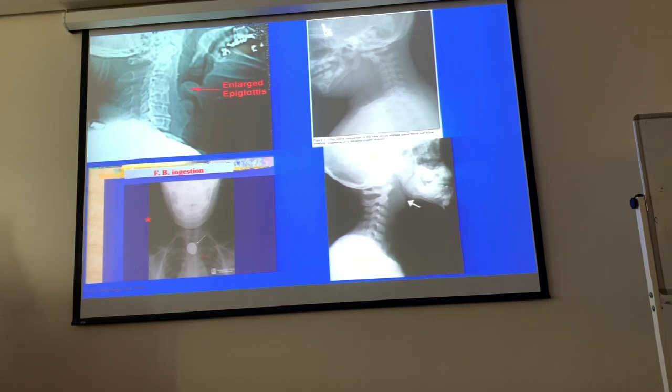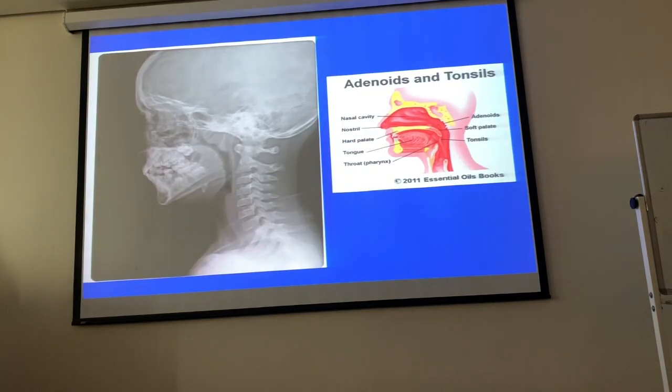So this is a coin, you see. I've seen coins in the stomach, I've seen coins in the bowel, because it passes them. But that was in the esophagus. This patient has it in the trachea, and I've taken it from the literature. They said that it was removed by school. Adenoid is very frequently enlarged, and you can see that.